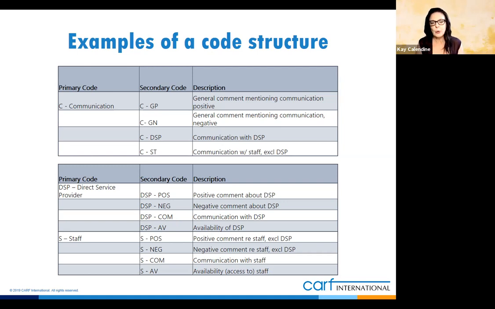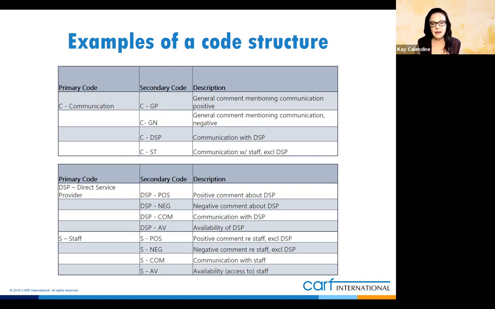Okay, so if we go down to the second code structure, you'll see that this is separated by, I guess, more concrete as opposed to abstract. So we've got a section for the direct service providers. We've got a section for the staff.